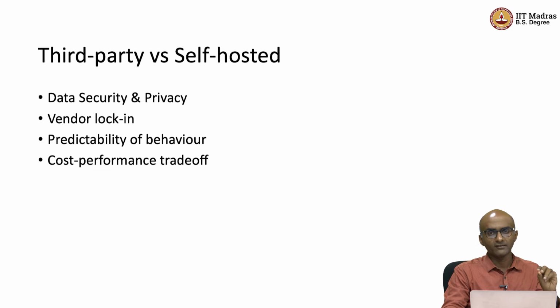And last is the cost-performance trade-off. If for whatever reason you find that the third-party hosted API is giving you the right accuracy, but not fast enough, you may not have an option to change that. You may not have an option to make it faster because the hosted API comes with a limited form factor or a boundary around what it can do that prevents you from increasing performance, even if you were willing to pay more money.